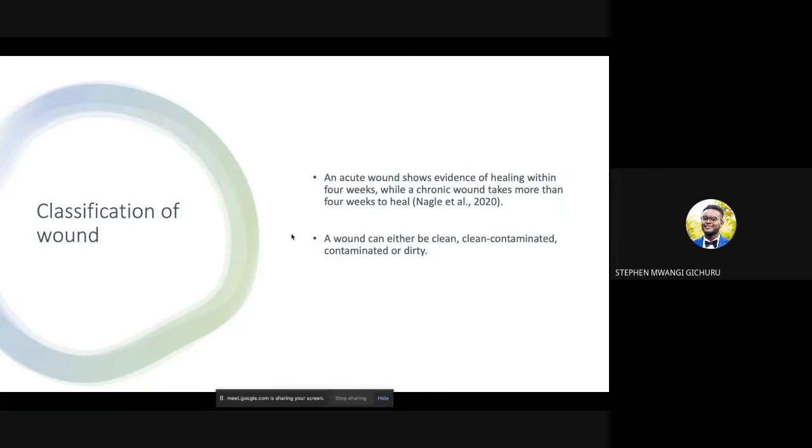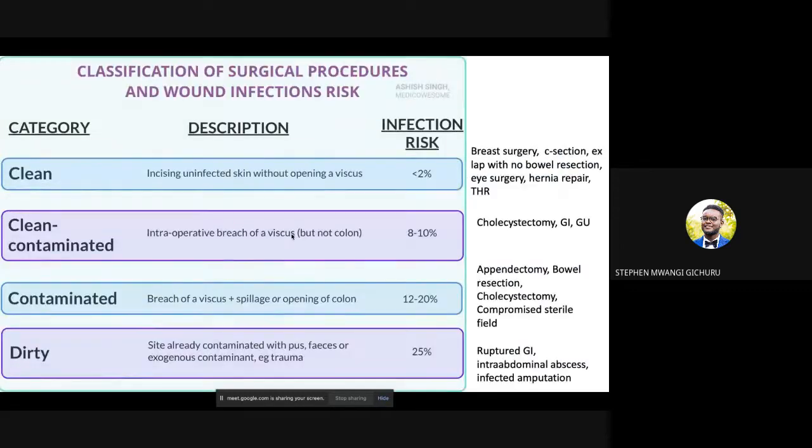So that means there's a high chance that you're in theater. You've gowned up, you've scrubbed, you've covered the patient well, and there's no inflammation, as you said. So the examples are very clear over there.